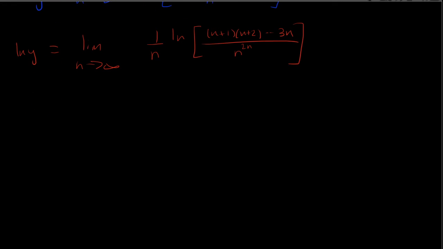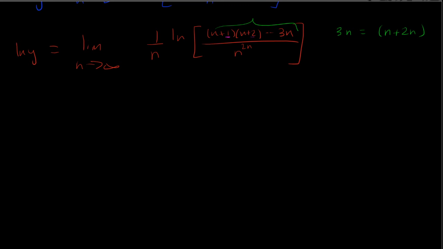Okay, so just to be clear, how many terms are here? Or how many, I guess, quantities am I multiplying? So the key to this one is I can rewrite 3n as n plus 2n. So I can think of it like counting like this.